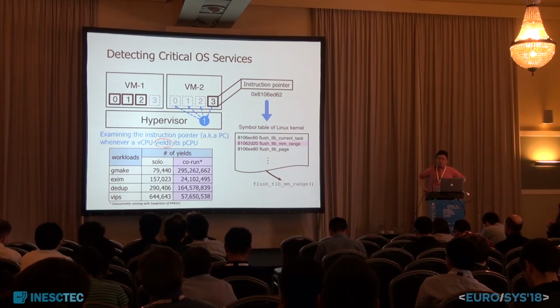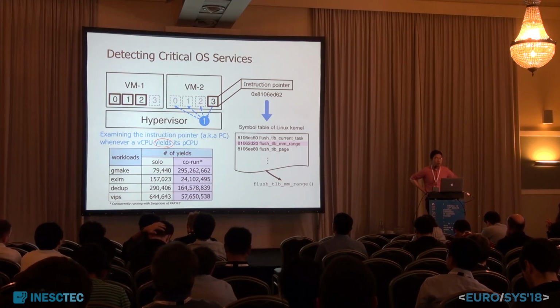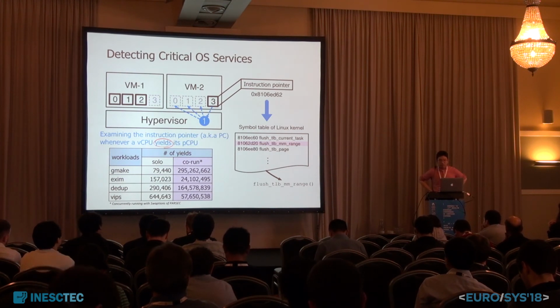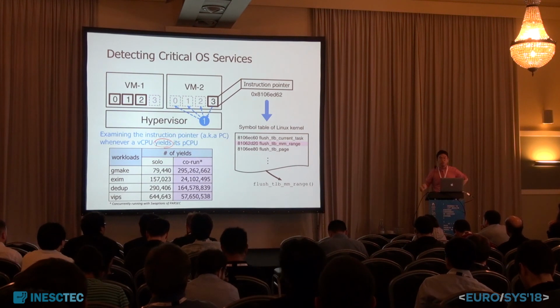Here, let's say the instruction pointer is matched with a kernel function marked in red, then we are able to know which part of the kernel the virtual CPU is executing. The thing that I wanted to emphasize here is that the hypervisor is able to extract meaningful information about guest operating systems from the instruction pointer with the symbol table.